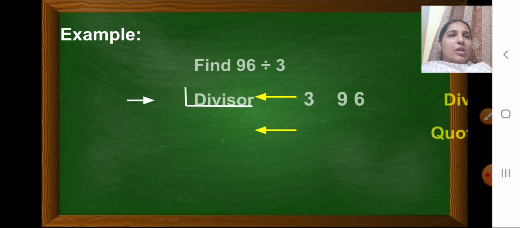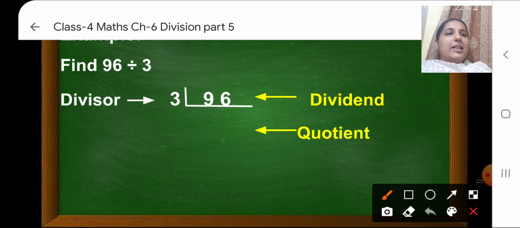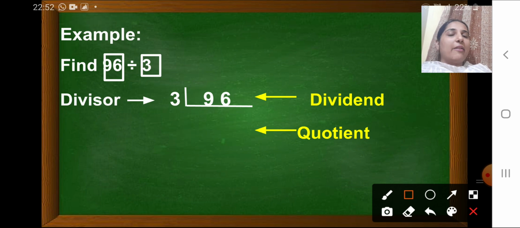Suppose the question is find 96 divided by 3. What is 96 here, children? 96 here is the dividend. We always write the dividend first and then divided by divisor. What is 3 here? Divisor.